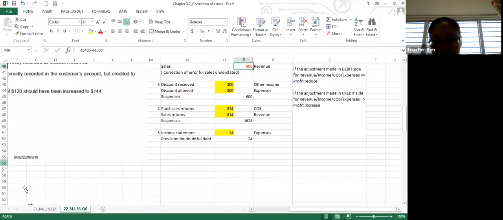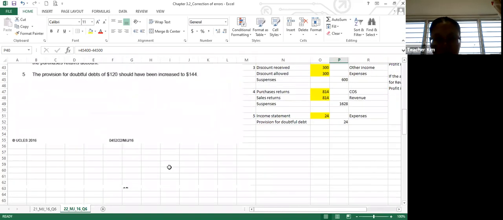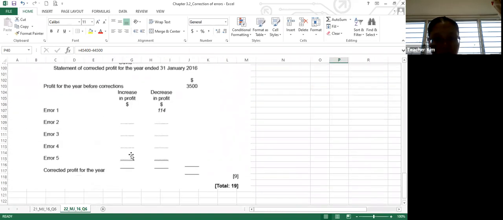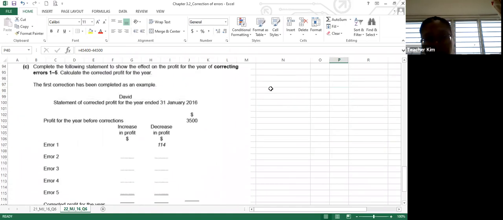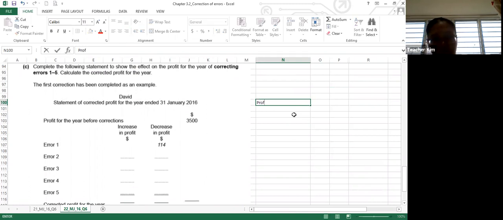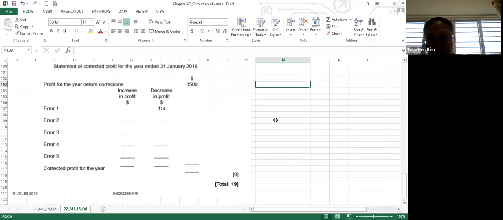So now we go back to the question. Based on this, you put in the adjustment entry. So profit for the year before correction.